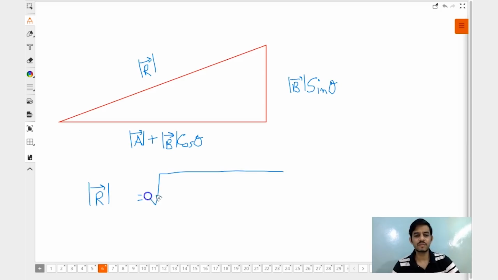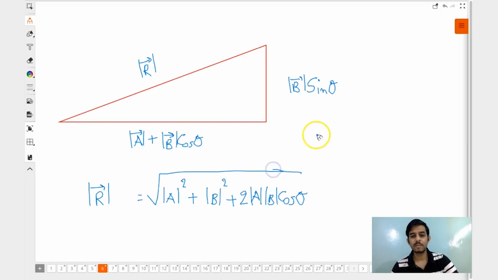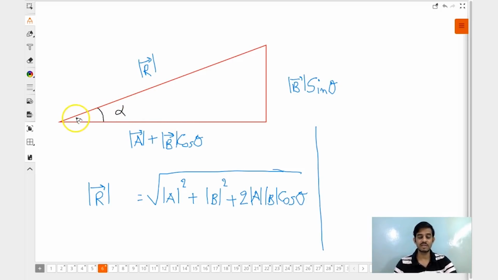Under root of mod A square plus mod B square plus 2 mod A mod B cos theta. But there's one more interesting thing that can be asked in the question. And what is that? The angle made by the resultant with A vector. The base one was the A vector actually. Remember the parallelogram diagram? So this angle, how can you find out?